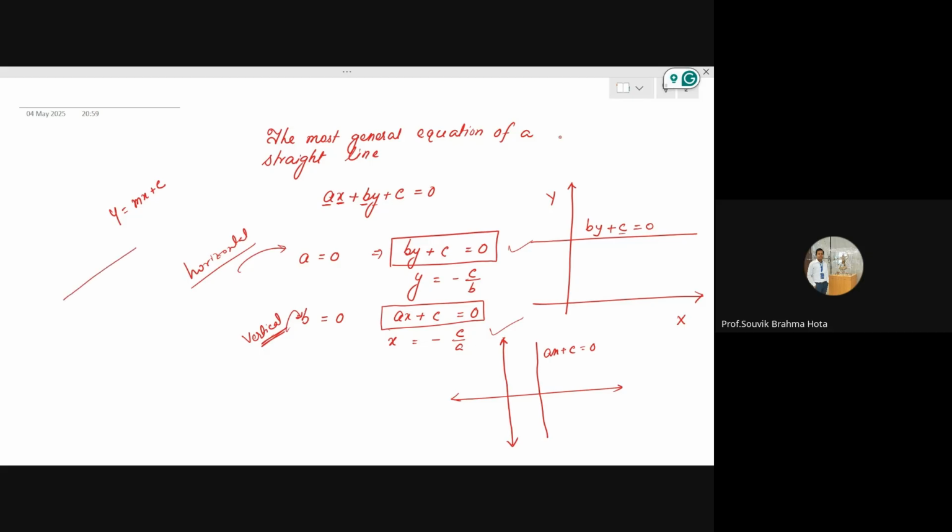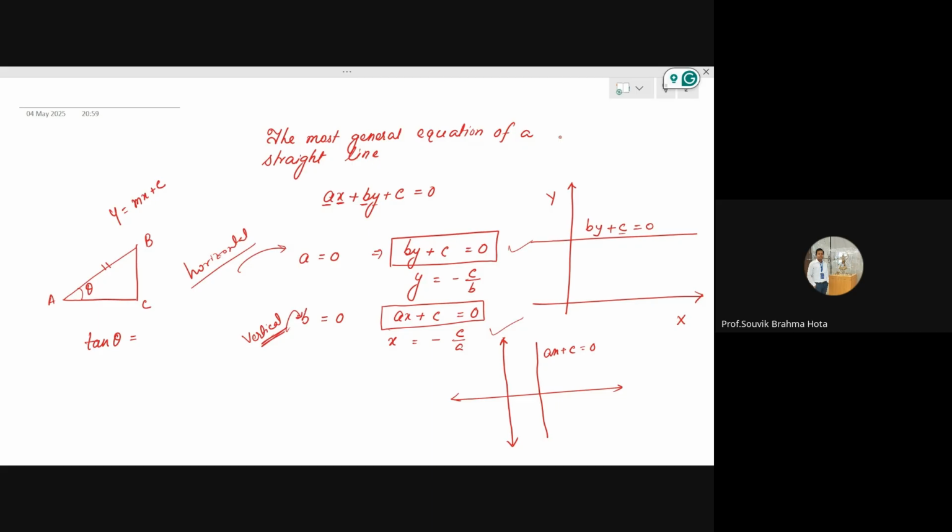If I draw a triangle, just think about it. Suppose this is my triangle ABC. So you know tan theta. If this is my acute angle theta, what will be tan theta? Opposite by adjacent.